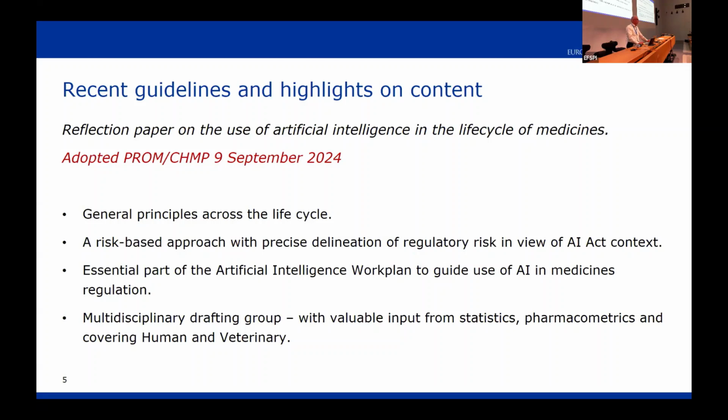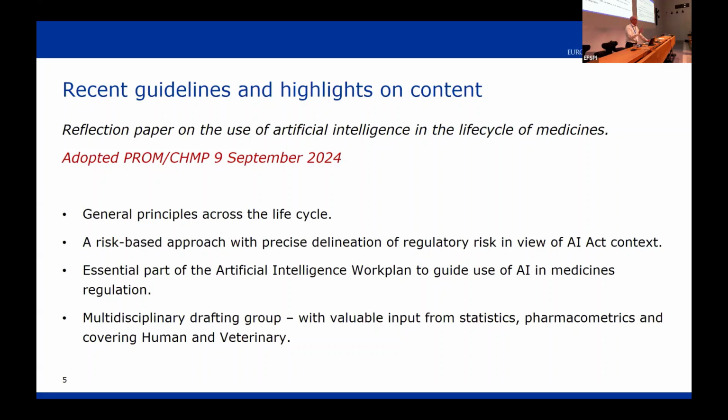It's based on a risk-based approach. We are pretty precise about what we mean by risk. That's the regulatory risk, because the AI Act, which has also come into force, also has a risk-based approach and defines medicine as a particular area for AI application. So we very much focus on the regulatory and decision-making risk in AI application in drug development.